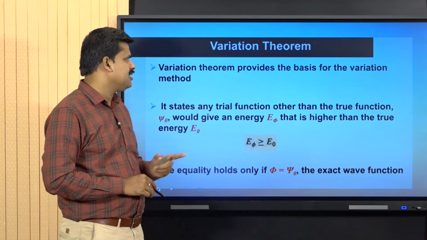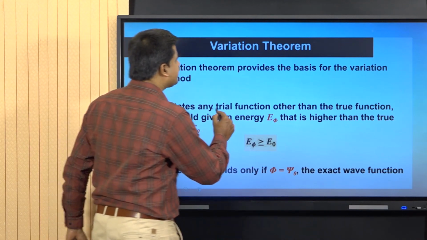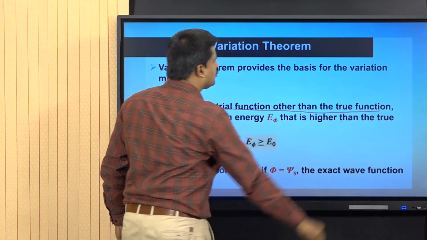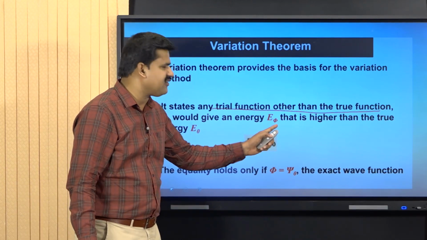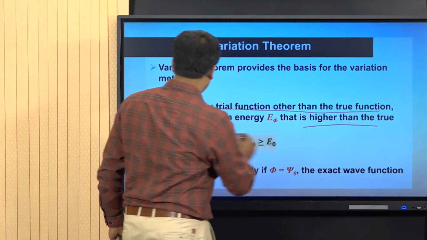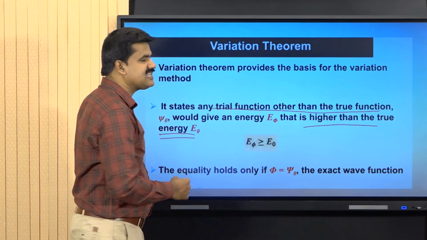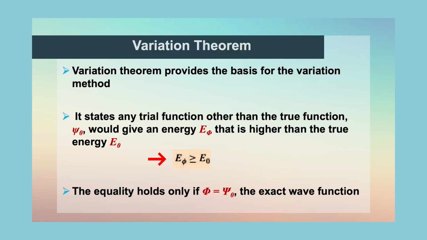The variation theorem provides the basis of the variation method. It states that any trial wave function other than the true function psi 0 would give an energy E phi that is higher than the true ground state energy of the system. That is, E phi is greater than or equal to E0.